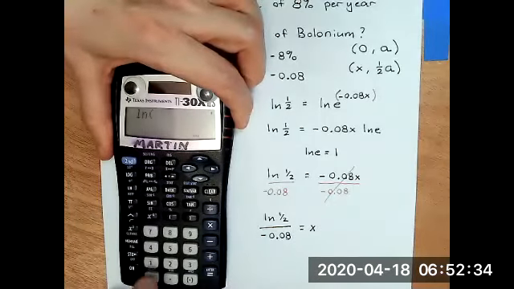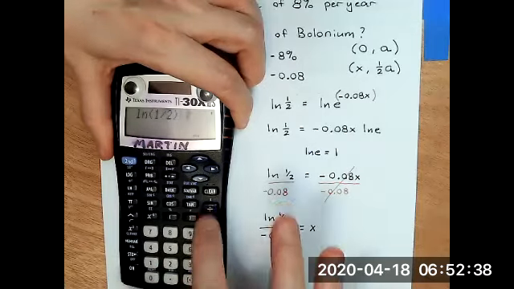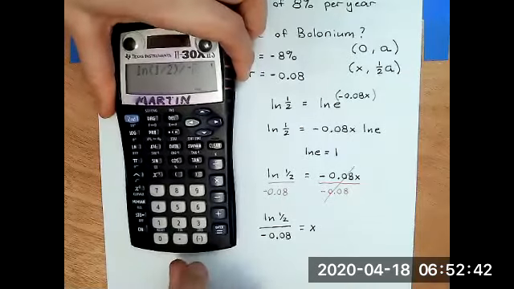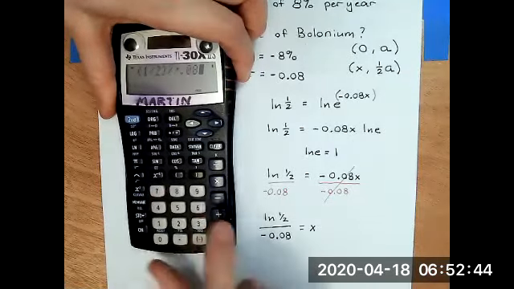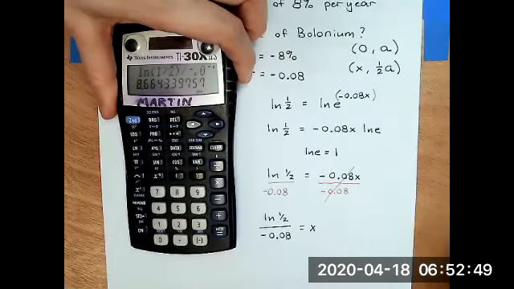So the natural log of 1/2 divided by negative, we have to use a little negative key here, 0.08 is equal to, I'm going to round it off at the hundredths place.